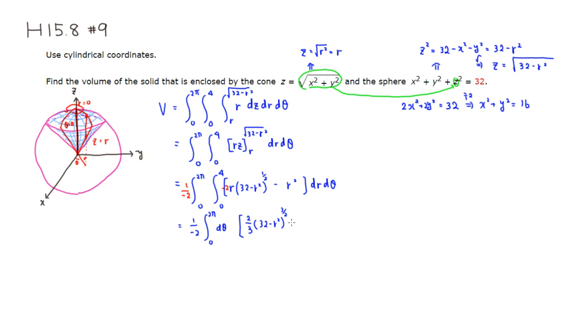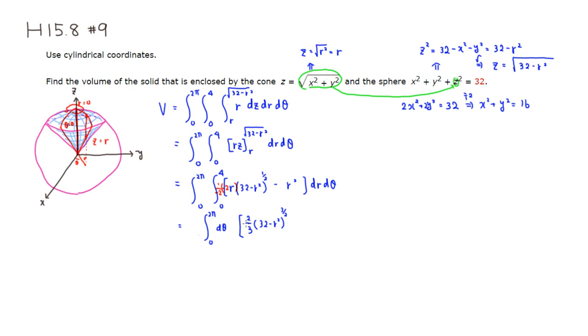Then the antiderivative, oh actually, I messed it up, sorry. I placed this number in the wrong place, because this only applies to this term.